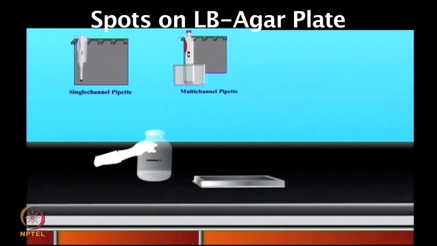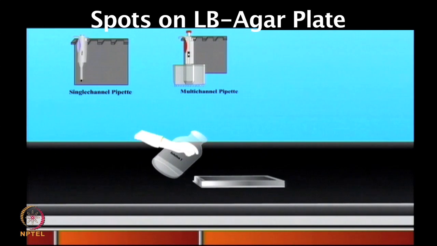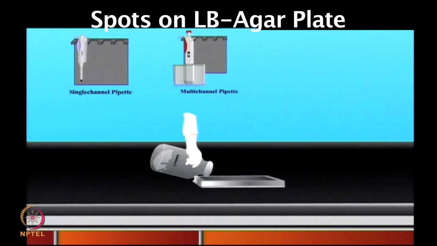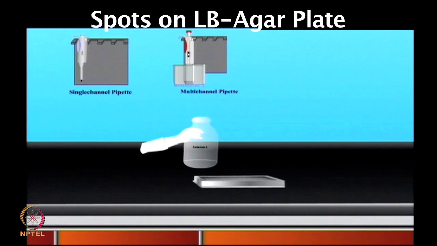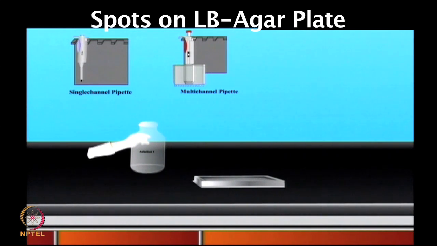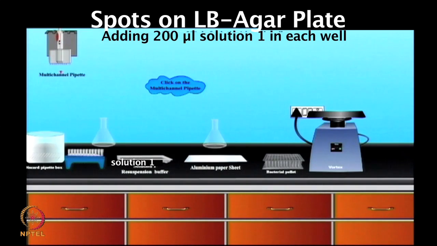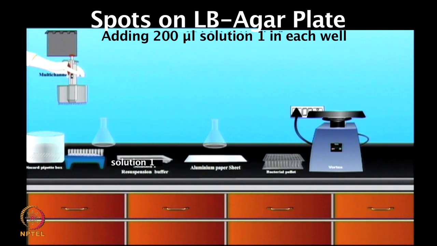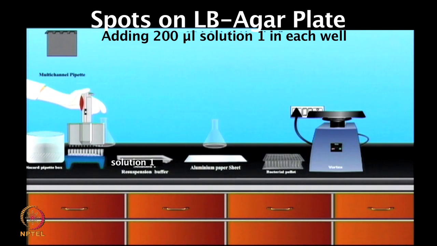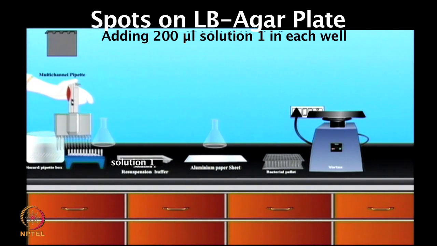Remember your basic molecular biology, and you need to prepare solutions 1, 2 and 3 for doing the plasmid preparation. Add 200 microliters of solution 1, which is the resuspension buffer that contains 50 millimolar Tris at pH 8, 10 millimolar EDTA and 0.1 mg per ml of ribonuclease.